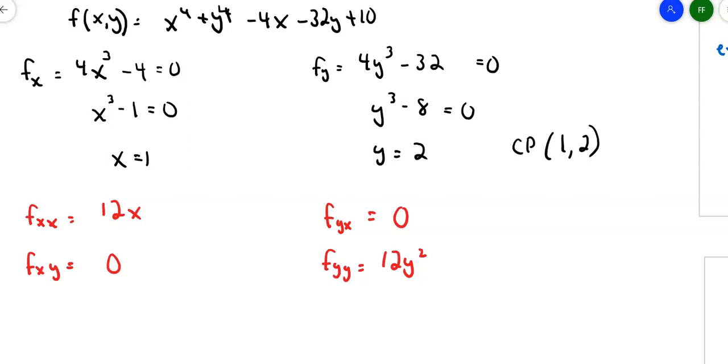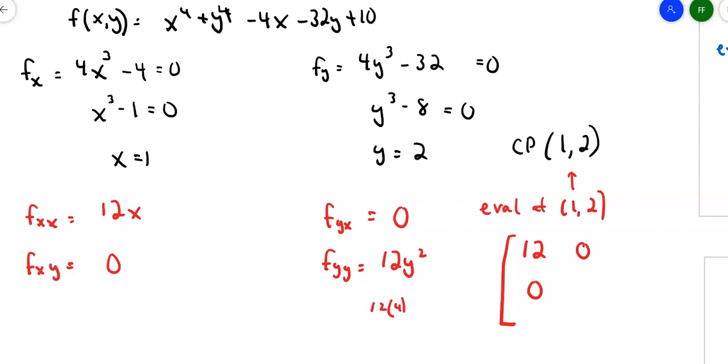Now, I need to evaluate them at (1, 2), that critical point right there. And I'm going to put those 4 numbers into my Hessian matrix. So 12 times 1 is 12. Clearly the zeros are the numbers that belong over there. And then 12 times 2 squared, well, 2 squared is 4, 12 times 4 is 48.